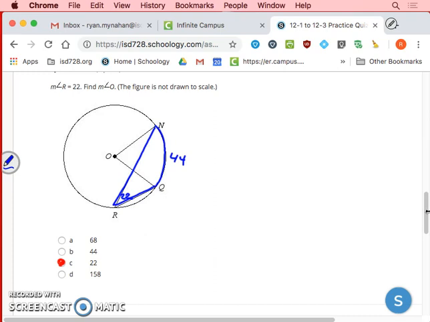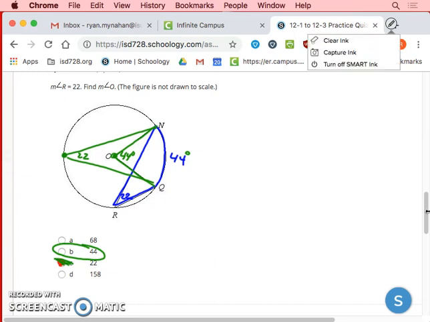But what I messed up is I divided it by 2 again, when really this O on the center is a central angle. So if we have 44 degrees on the outside, we have 44 degrees right here. If O would have been over on this side, that would have been a 22. But since it's a central angle, we're going to stick with 44. That's going to be the better answer. So I apologize for that little slip up.